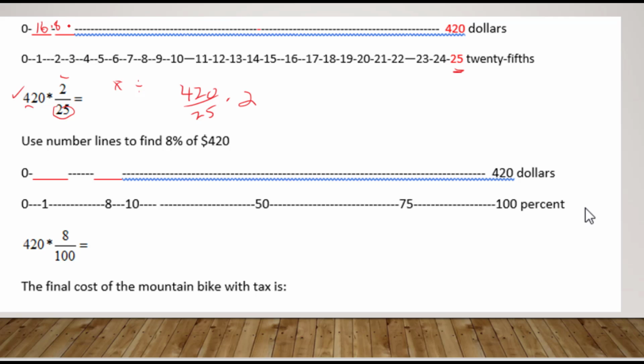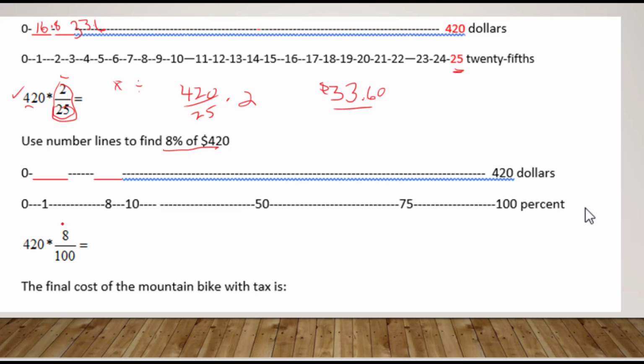So that would be 16.8 times 2 is 33.6. So it's $33.60 is 2/25 of 420.